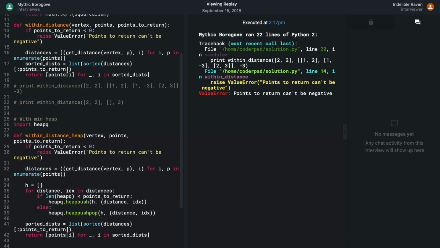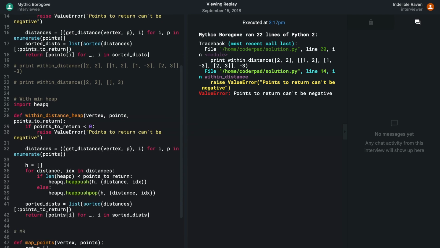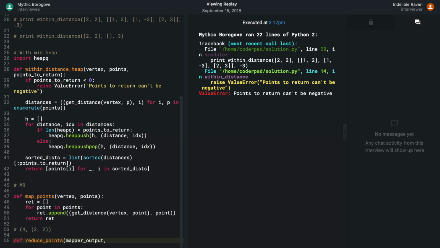And then for reduce, given points, we're going to be given the mapper output, which is a list of the mapper output, and k, and then we'll just return the k smallest.